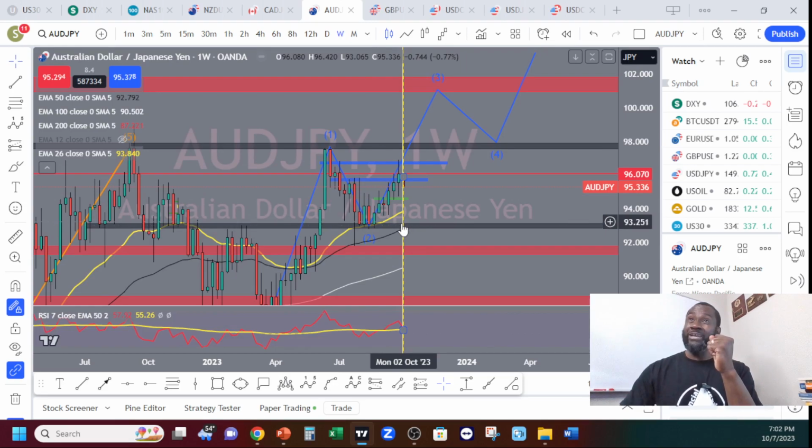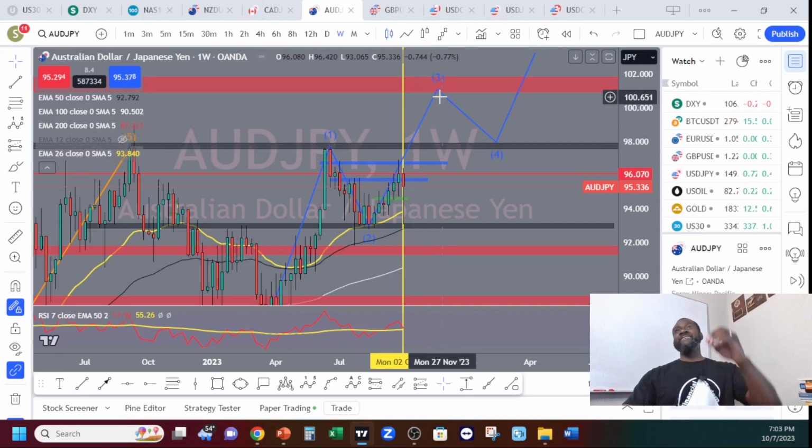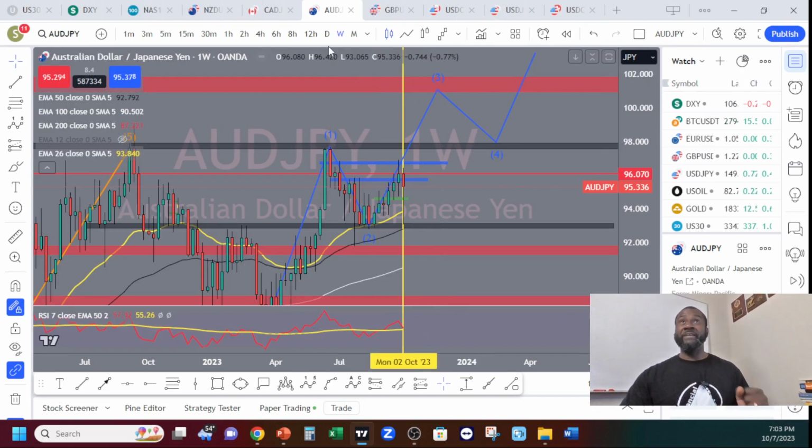This week it went down to it and tested it. If you were in the market, you could have bought here, bringing price up to that level. You can see it closed right here. That tells me there's a probability price will continue to go up, either to that resistance or to break that resistance. And this month we'll see what happened there.